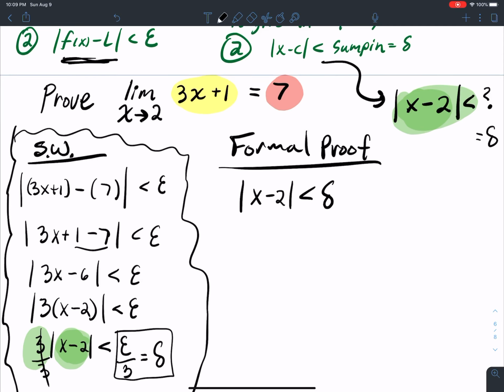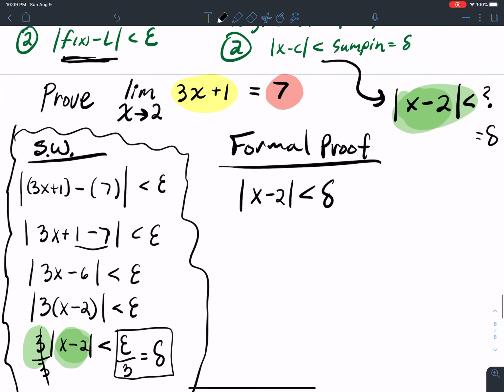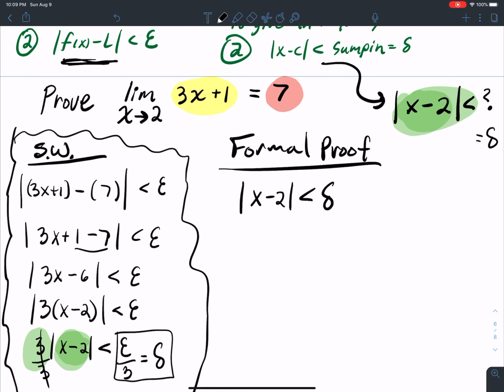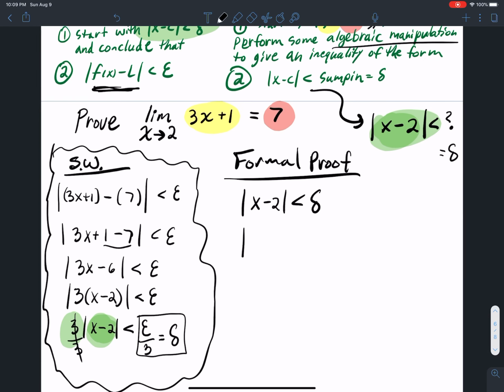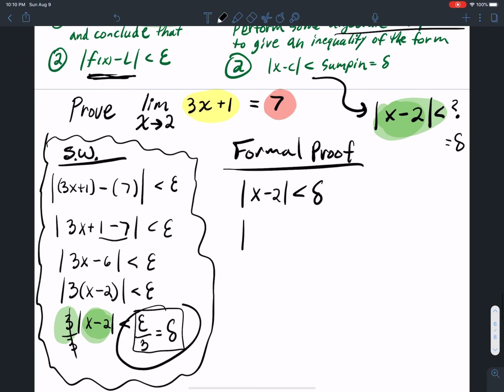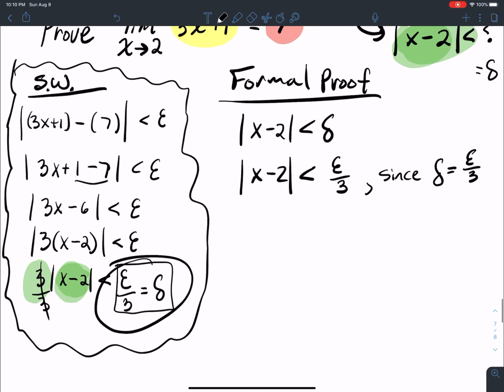So what am I going to say? Well, I'm going to say that delta is equal to, well, what did we say delta was equal to? Epsilon over 3. So x minus 2 in absolute value is less than epsilon over 3, since delta equals epsilon over 3. Okay, that seems to be fair enough.